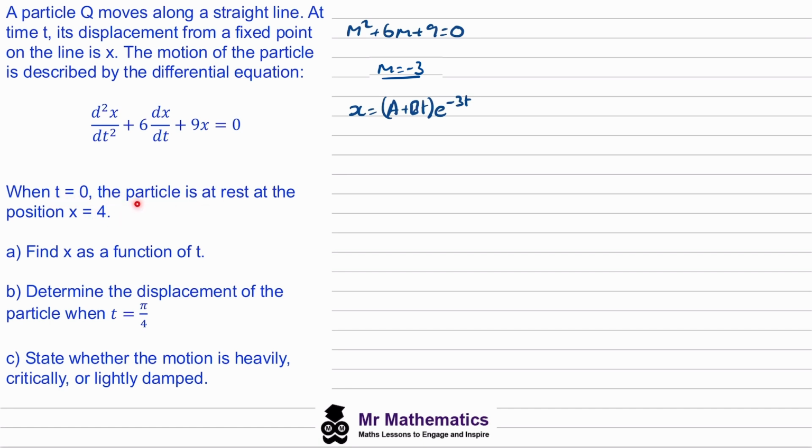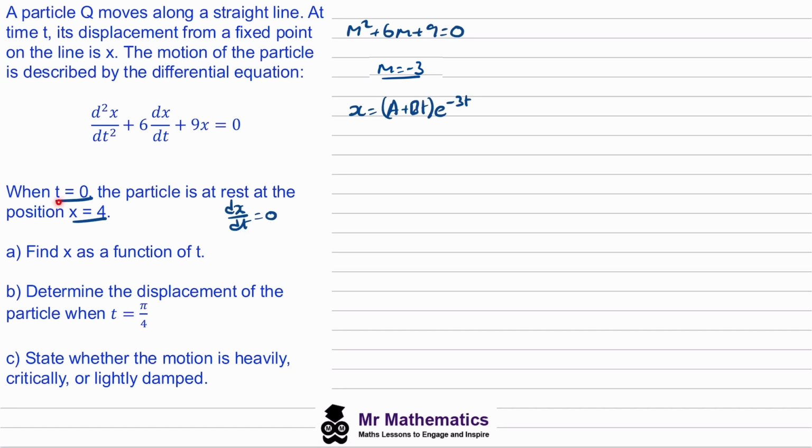We're told that the particle is at rest when t equals 0. So what do you think this will give us? If a particle is at rest, then dx by dt will equal 0. This means it will have no velocity at that point. So we can use the fact that when t equals 0, x equals 4, and when t equals 0, dx by dt is also 0.